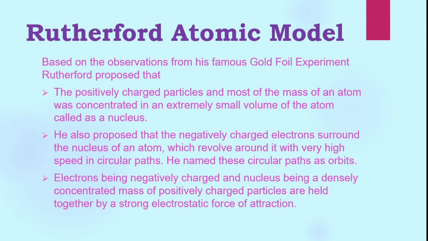Since electrons are negatively charged particles and the nucleus is a dense concentrated mass of positively charged particles, they are bound together by electrostatic force of attraction, like planets bound to the sun by gravitational force.